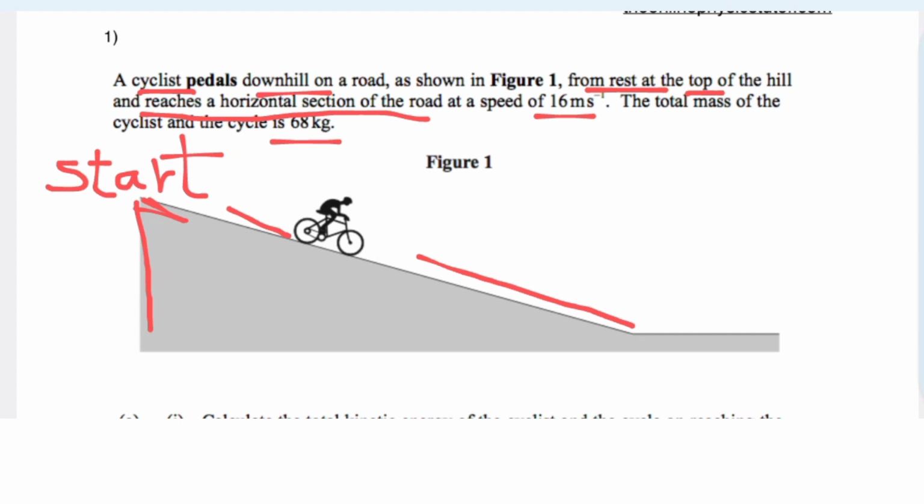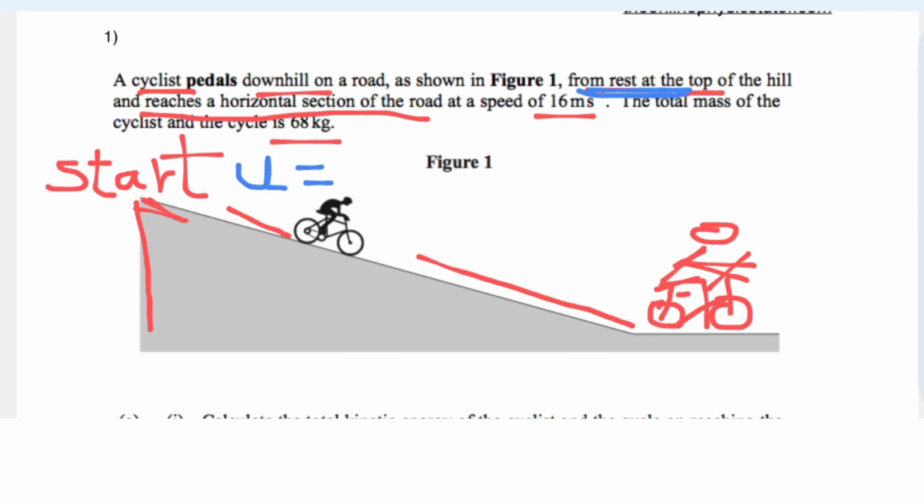So if he started from rest, his initial velocity is 0, and when he comes down at the horizontal section, it says it has 16 meters per second. So the initial speed is 0 because he started from rest, and the velocity when he reaches the horizontal section of the road is 16 meters per second, right?